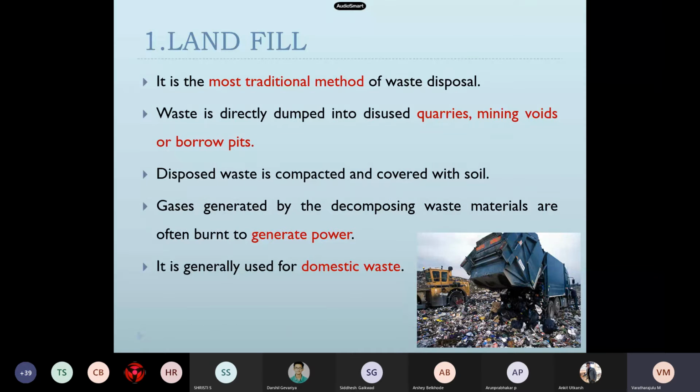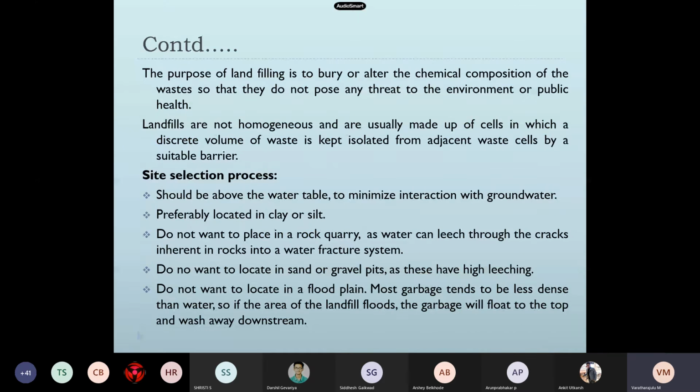The gases generated by the decomposing waste materials are often burned to generate power, and this is generally used for domestic waste. The purpose of landfilling is to bury or alter the chemical composition of the waste so that it does not pose any threat to the environment or public health.